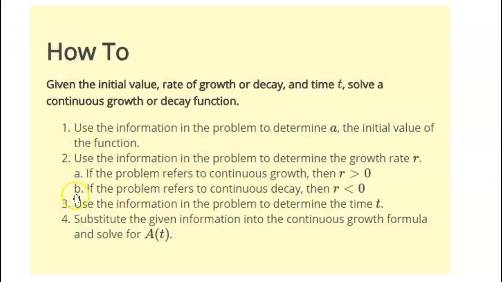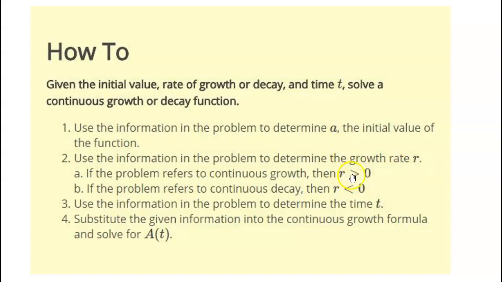Now we will follow the following steps to solve a continuous growth or decay problem given the initial value, rate of growth or decay, and the time t. The first step is to use the information in the problem to determine the initial value A, and then use the information in the problem to determine the growth rate.